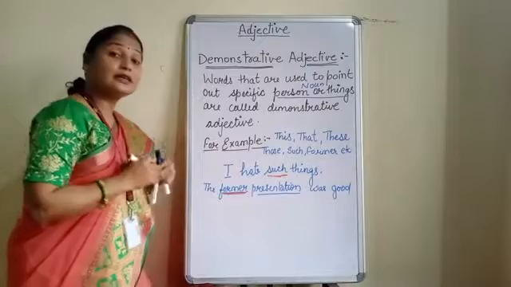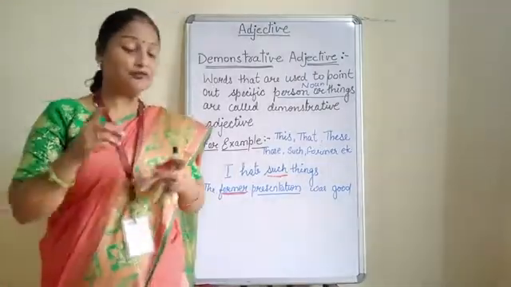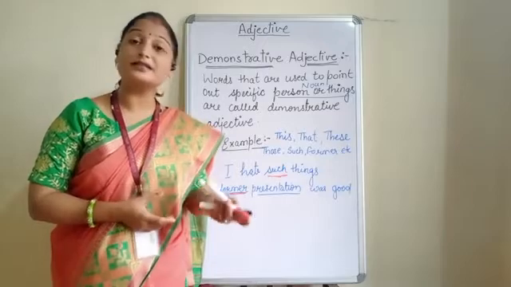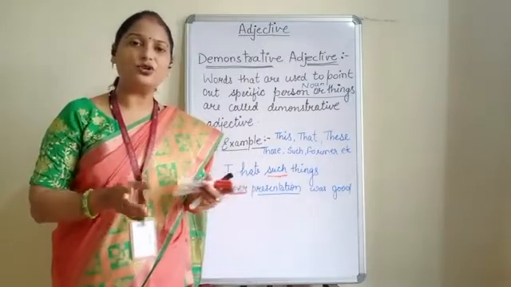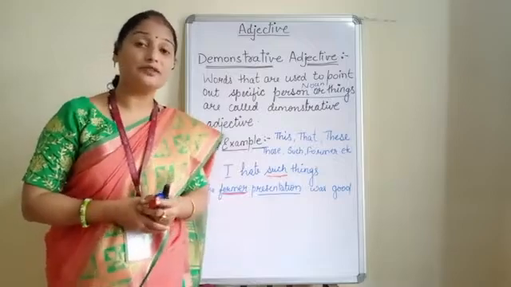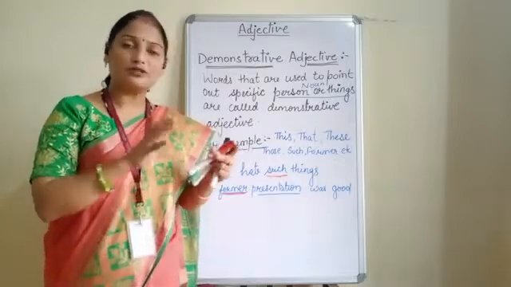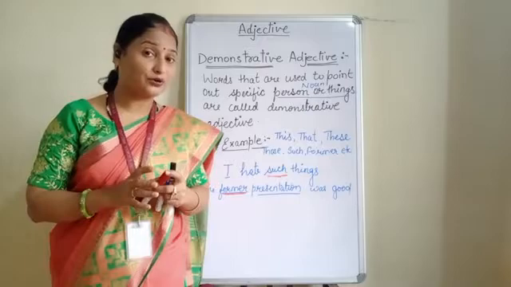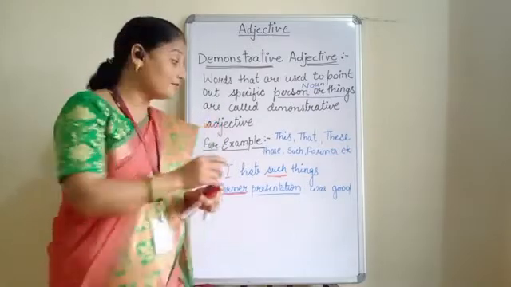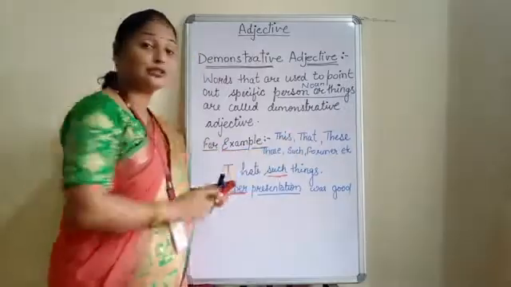Okay. Now children, if you remember the pronoun and the definition of pronoun and its kind, I think you all have read this in the previous section, in your previous class 6, about the demonstrative pronoun. If you remember, then there also we have used this, that, these and those.